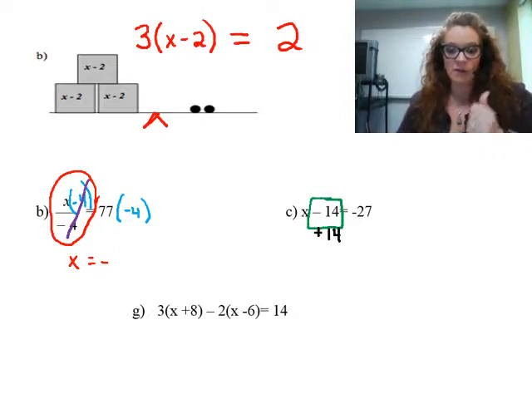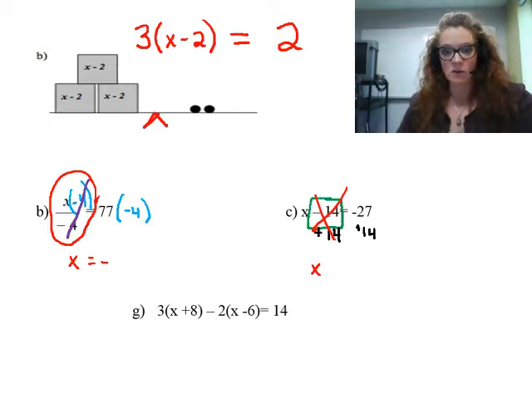And if I'm going to add 14 to that side, I need to go over and add 14 to this side as well. Okay, so these two cancel each other out because they're opposites. And I'm left with just my x on that side of the equation, my equal sign, and negative 27, adding 14, so adding 10 would be 17, and adding 4 would be, so x is negative 13.